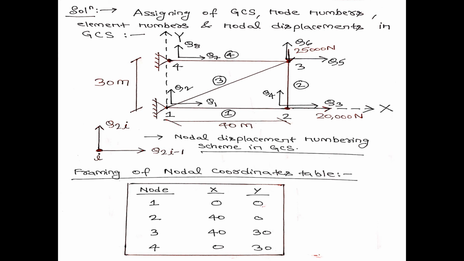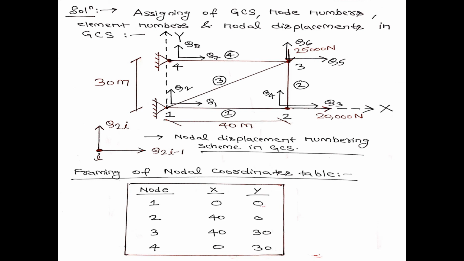That means the values of q1, q2, q7, q8 are 0. Is it clear? Yes, sir. Fine. Since they are fixed, node 1 and node 4 will neither displace along the x-axis nor along the y-axis. That means q1, q2, q7, q8, which are the corresponding nodal displacement values, will be 0.